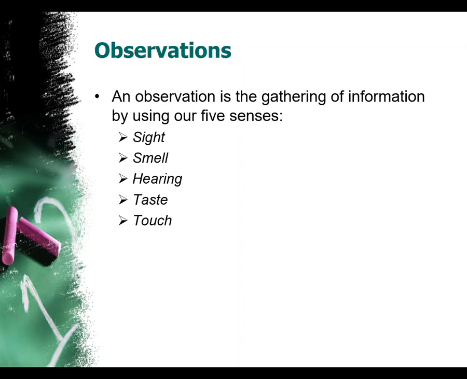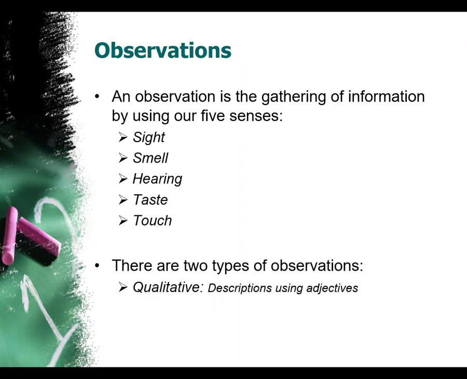Now, there are 2 types of observations. Qualitative is using adjectives, like saying something is hot or it's cold, or describing something by its color, like I have a red mug. A quantitative observation is using something that I can count or measure.